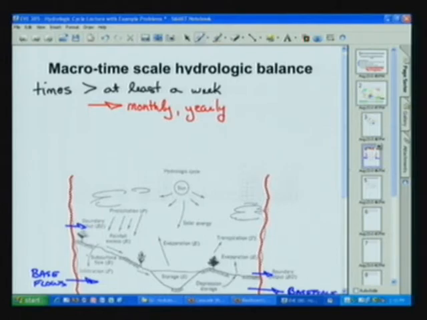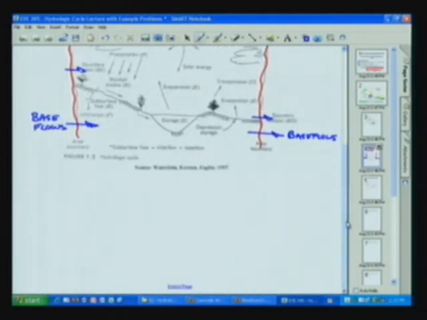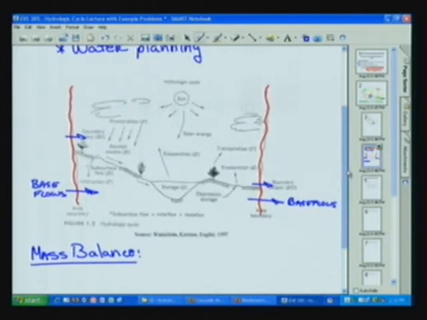And generally, these are for water planning, trying to figure out what your overall budget is and what's going on with that. So when we want to write a mass balance for this, we need to incorporate pretty much all of our different terms.